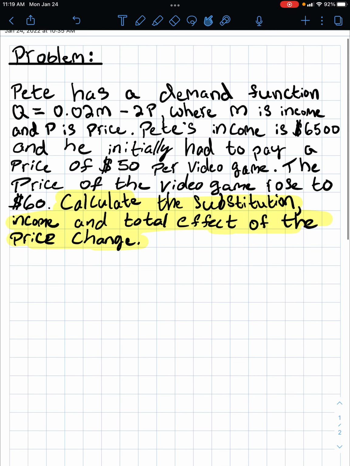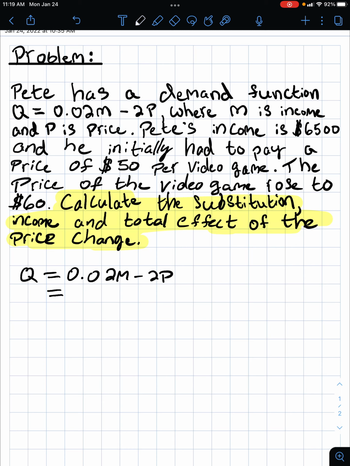So, let's first start off by finding Pete's original demand. We know his demand for video games is 0.02M minus 2P. So his original demand, the quantity of video games he wants, is 0.02 times 6,500 minus 2 times 50.